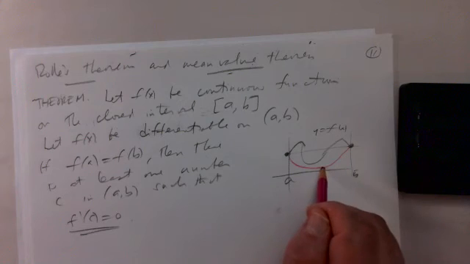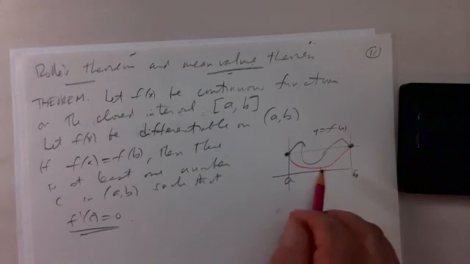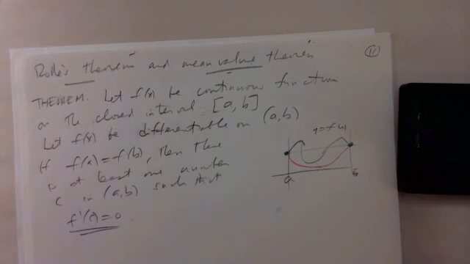So at some point you have to turn around and you have a relative minimum, and where you have a relative minimum, also the derivative is 0. Of course, relative maxima and relative minima occur at critical numbers. Okay.